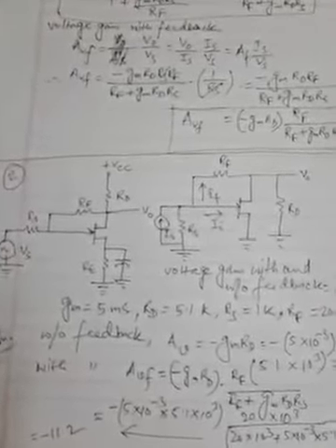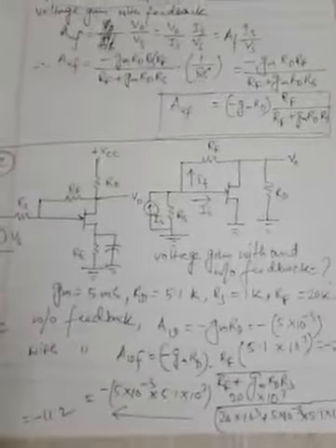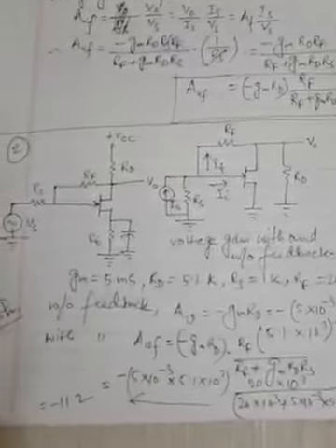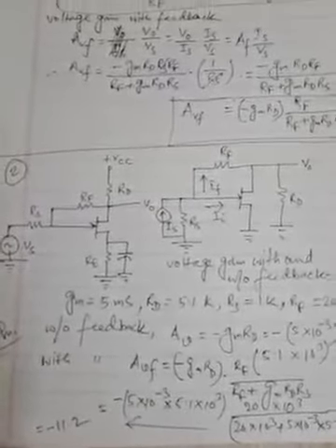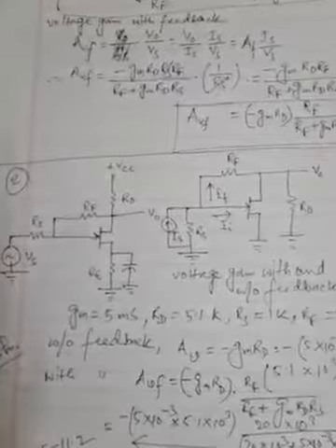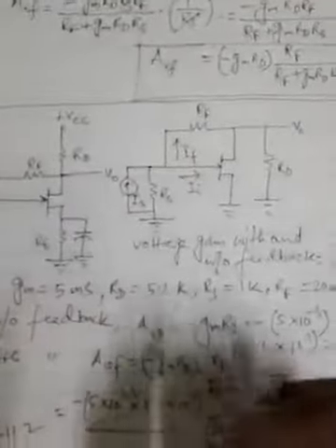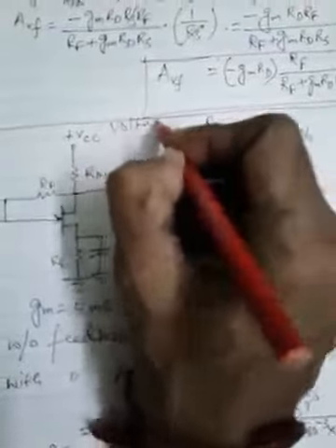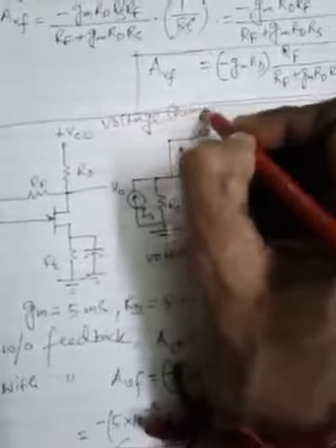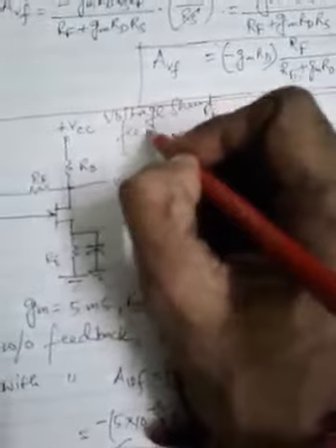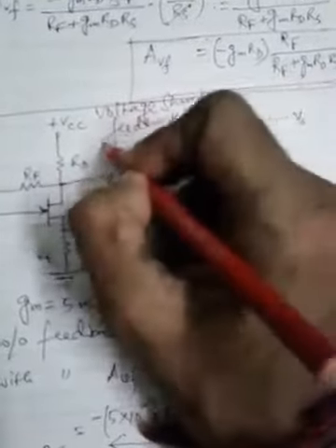So this is how the problem can be solved with the derived formulas from the current gain feedback, current shunt feedback. Sorry, it was voltage shunt feedback. This example is for the voltage shunt feedback amplifier.